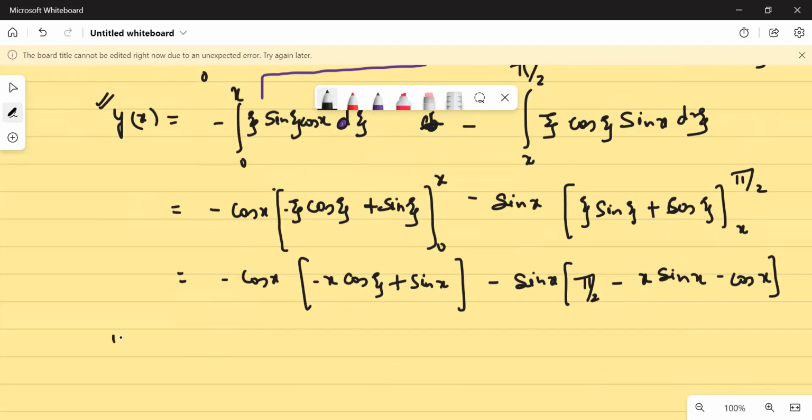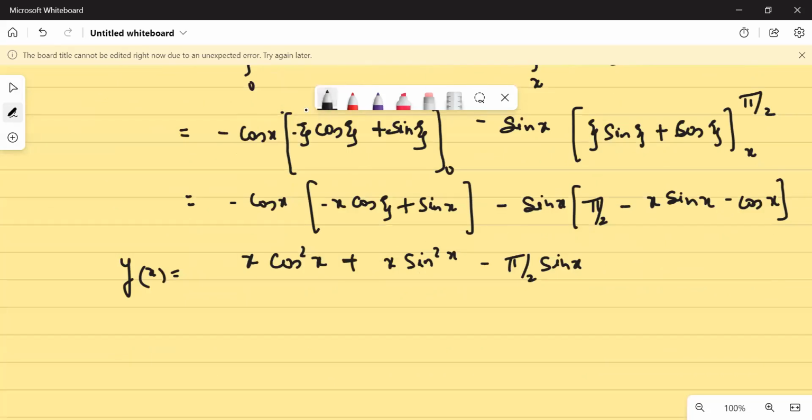So overall, if I integrate the entire thing, this will be minus cosine x sine of x, and this will be minus minus plus, so forget about it. What remains is x cosine square x plus x sine square x, and then minus pi by 2 sine of x. So overall, your function y of x must be equal to x minus pi upon 2 sine of x.